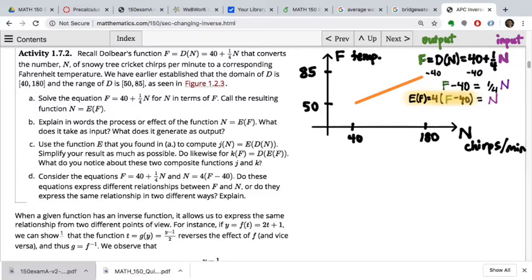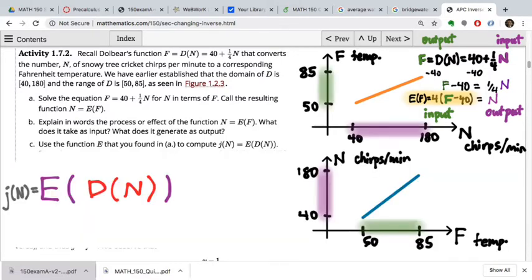It describes the same relationship between chirps and temperature, except now it does it in a way that casts n, the number of cricket chirps, as the output, because that's solved for. It's by itself, right? And f, the temperature, as the input. So it's the same relationship, it's just we've reversed the roles of input and output instead.